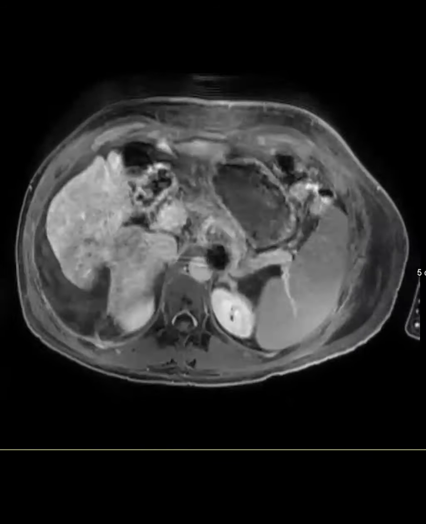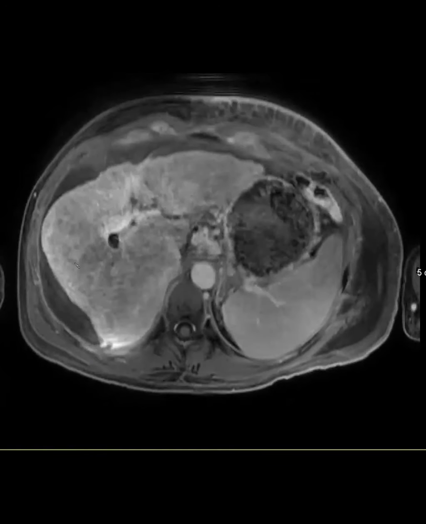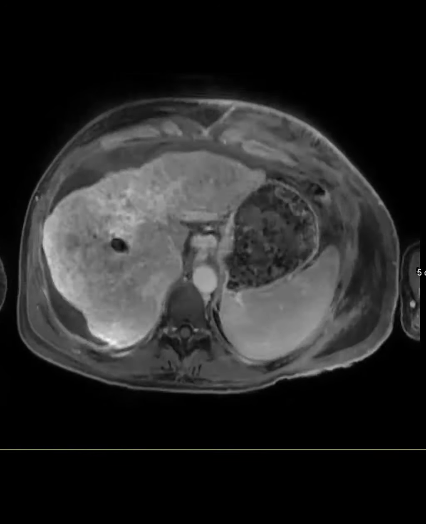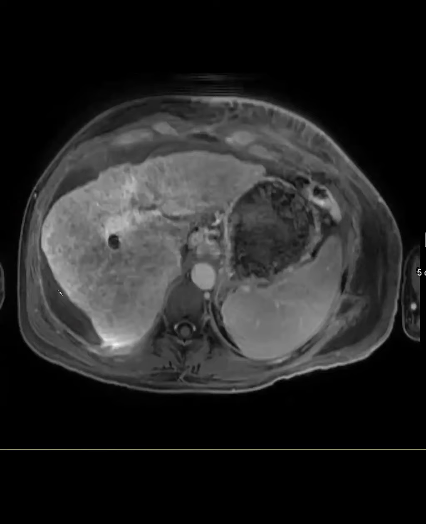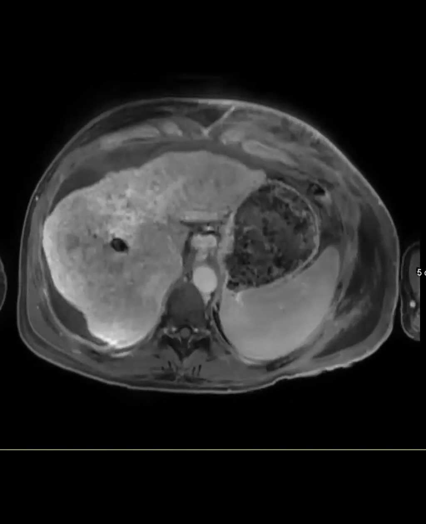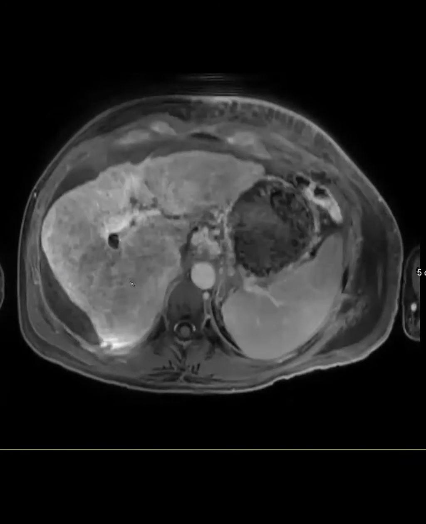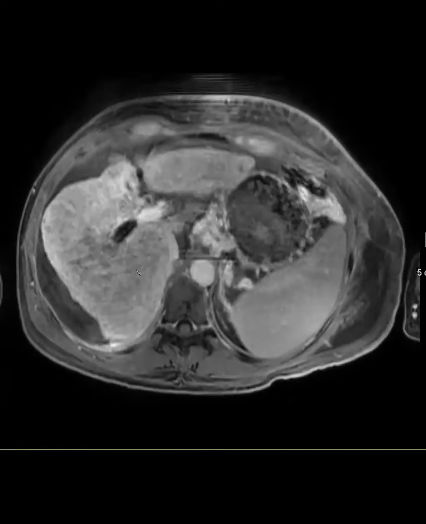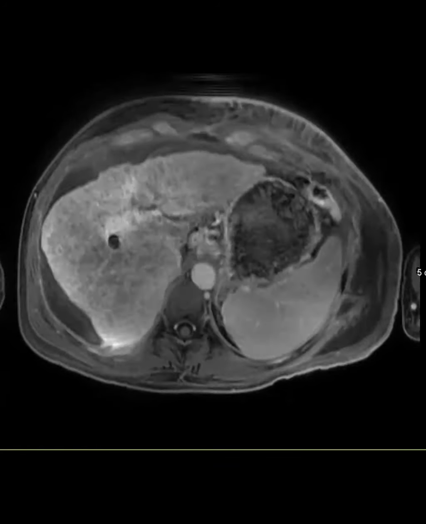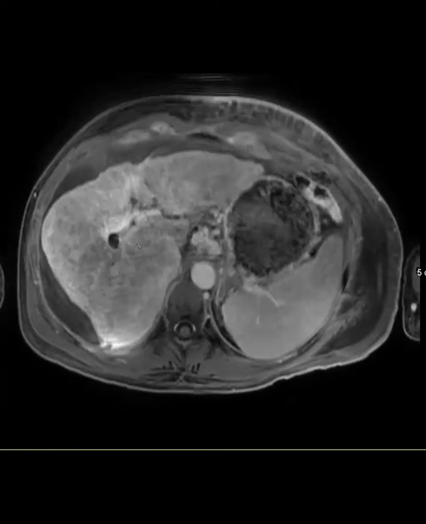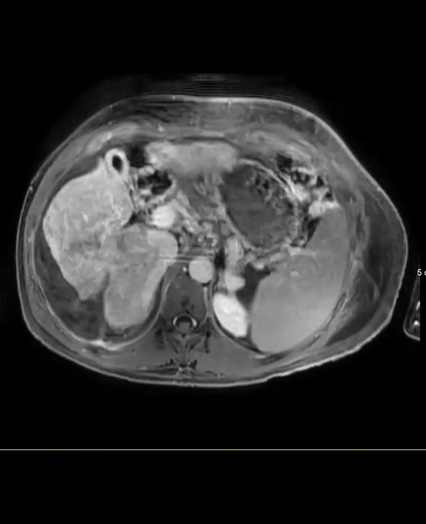The way I read this case was to describe all these findings: there's retraction of the capsule, a wedge-shaped shape, a weird pattern of enhancement. My thinking was that this is some combination of vascular and fibrotic changes related to a chronically thrombosed TIPS.